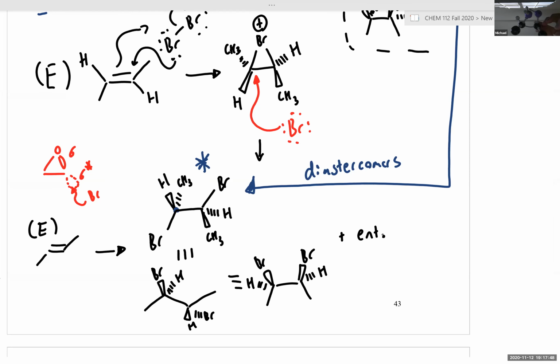Does this concept make sense to everyone? How does everyone feel about this? Comfortable, uncomfortable, unsure? Just be really careful. The alkene stereochemistry is critical.